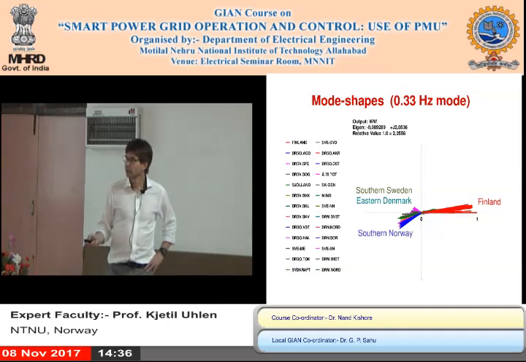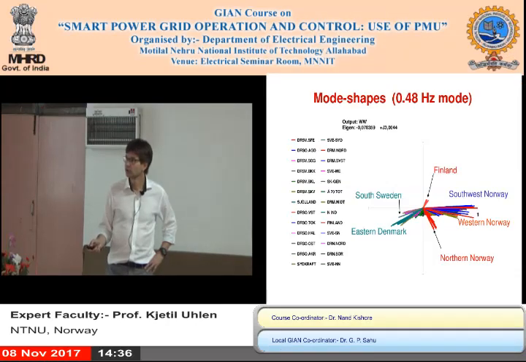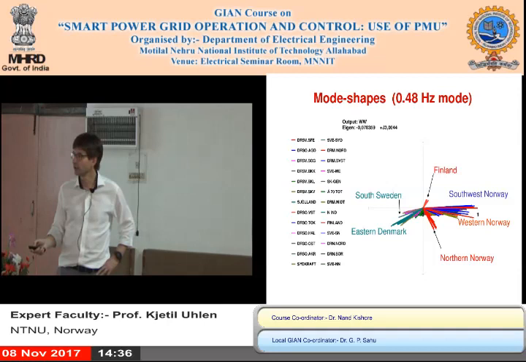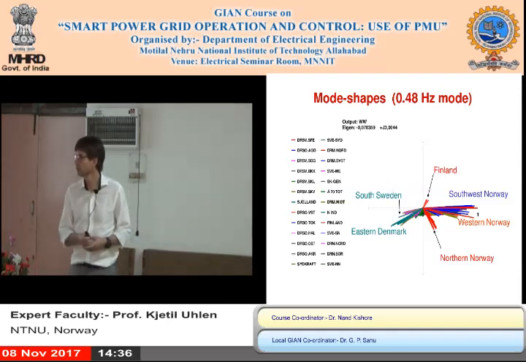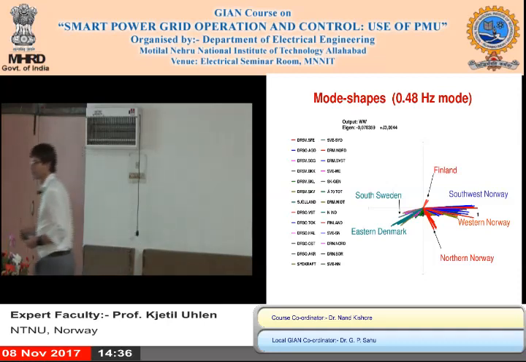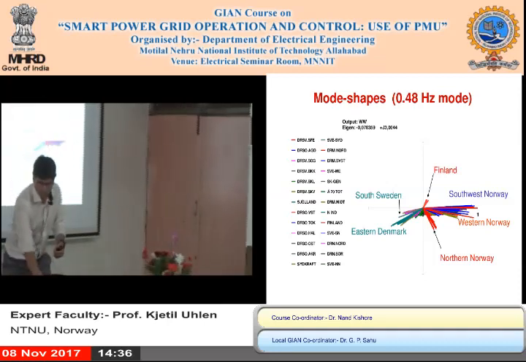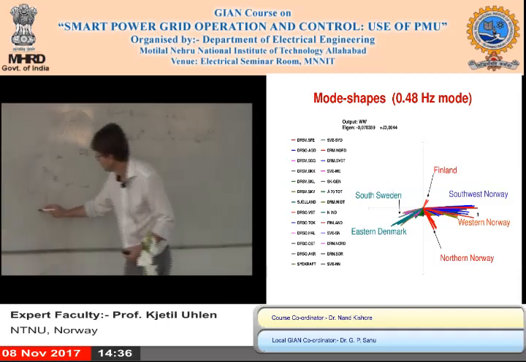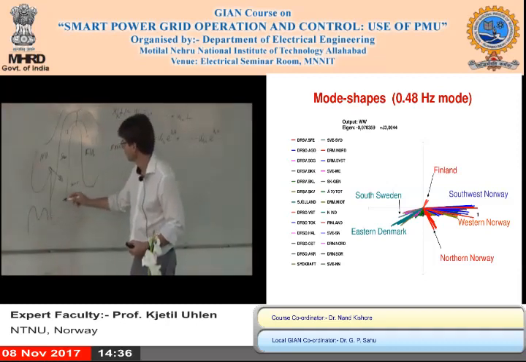If we look at the 0.5 hertz mode, we see a little bit more complex pattern, but it is clear that all the generators in southern Norway are in phase at that frequency, and they are almost in opposite phase to southern Sweden and Denmark. Denmark being down here, of course.